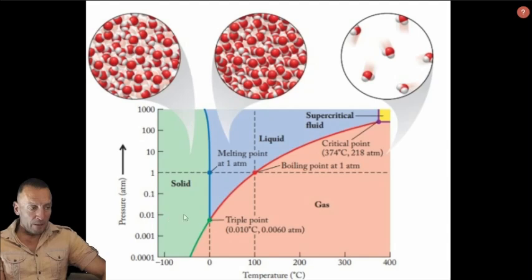Even at 0 degrees, look at it, there is still some evaporation going on, but it's very low. Very, very slow. As I say, the water pressure is 10% of what it is at the boiling point.